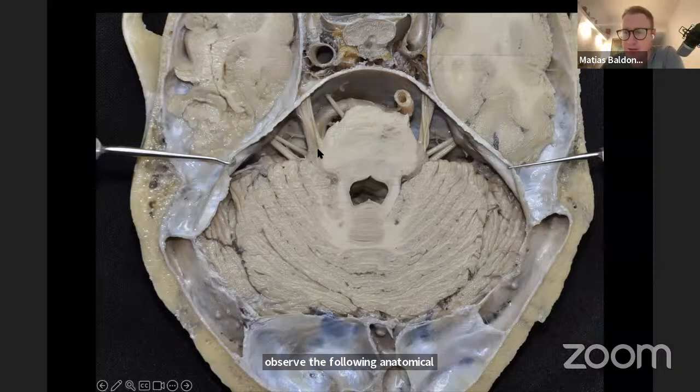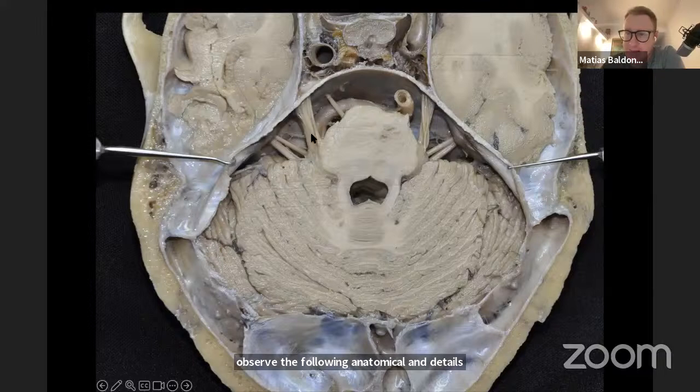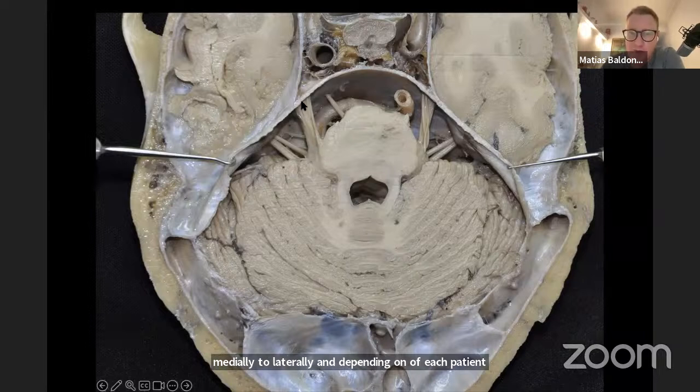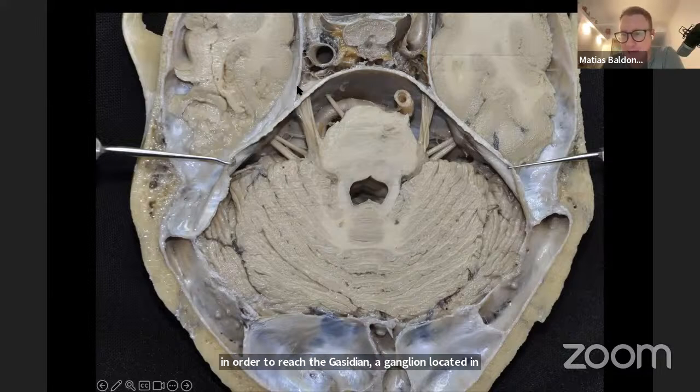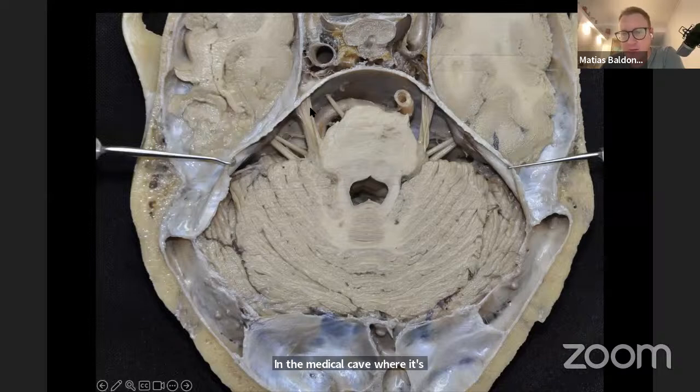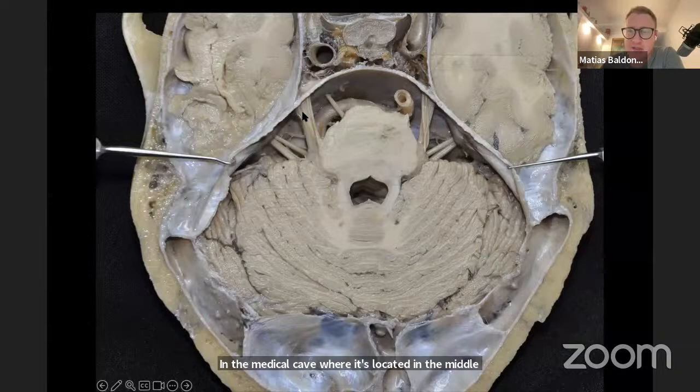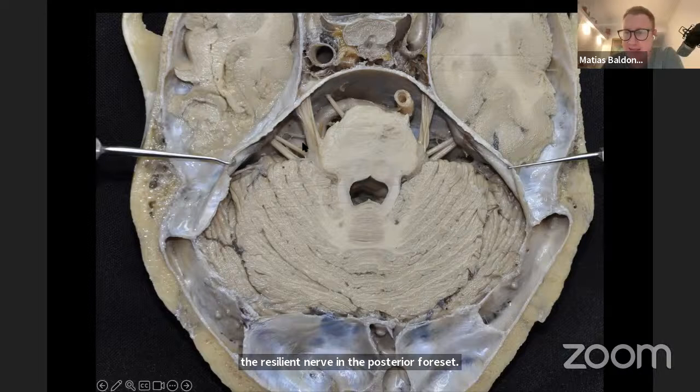The nerve crosses from posterior to anterior, from medial to lateral, and depending on each patient, but mainly it goes from inferior to superior, in order to reach the Gasserian ganglion located in the Meckel's cave, in the middle fossa. And the trigeminal nerve in the posterior fossa can be separated in three segments.